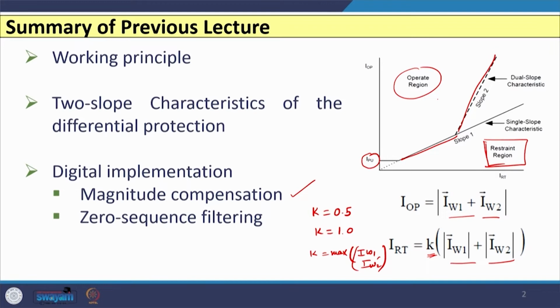And the second point which we have discussed is that in digital relays, the CTs which are connected either on the HV side or LV side are connected in star only, whereas earlier, in the bias differential or percentage differential relay, if your HV winding is star connected, then CTs on this side are connected in delta and vice versa.